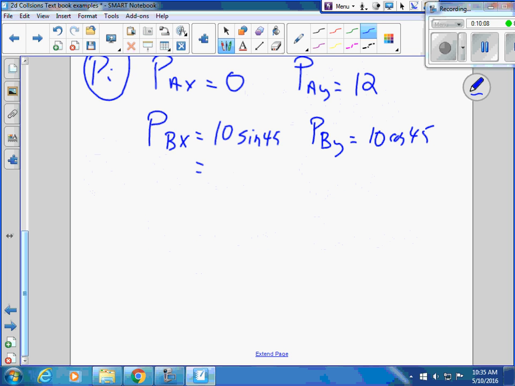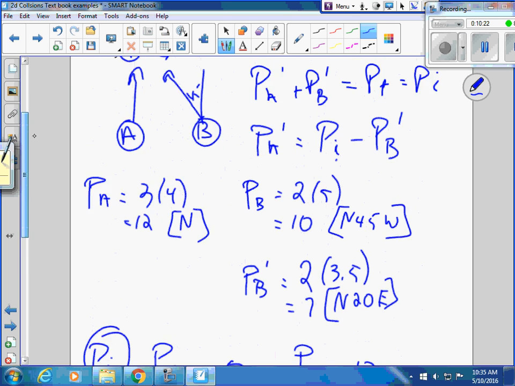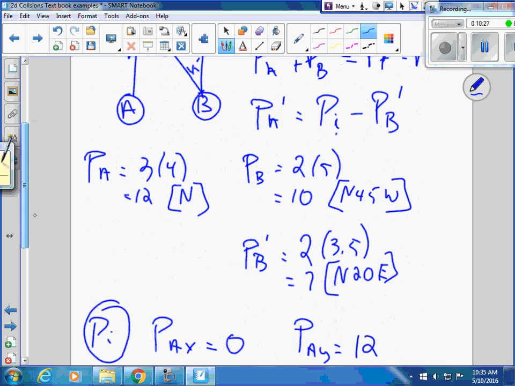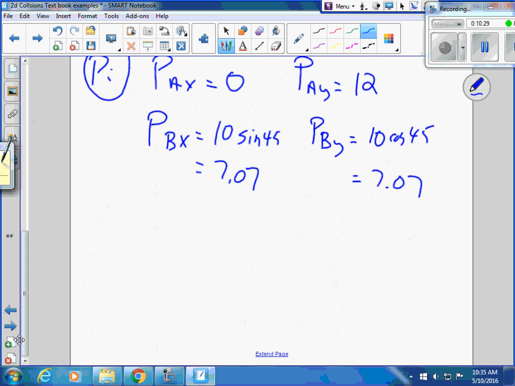Help me out, Nate. 10 sine 45. 7 something, I think, right? 7.07. Now that is, so the x is going to be negative, right? Because it's moving left. X is negative.